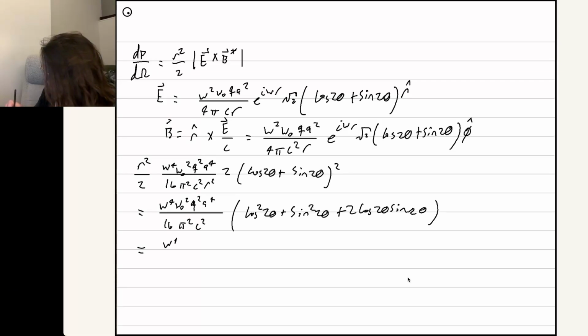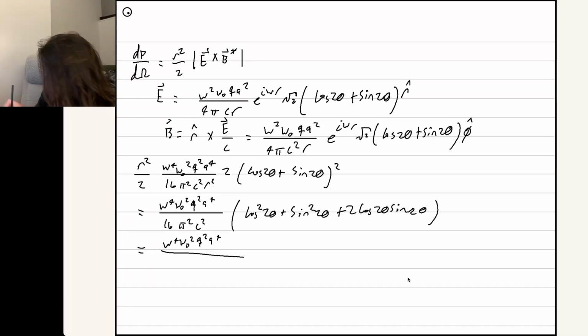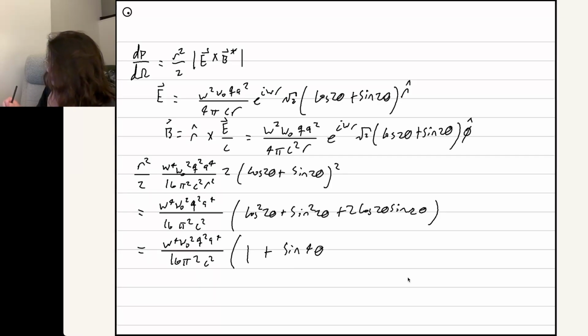And then, of course, the stuff inside the parentheses will actually simplify a bit through some trig identities. You got 1, and then you got 2. Actually, you don't have 2. You have just the sine of 4 theta.